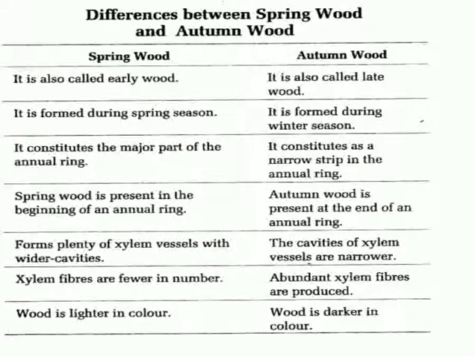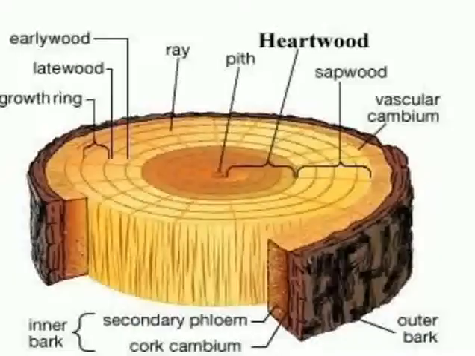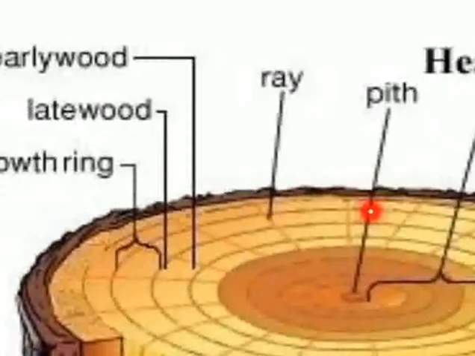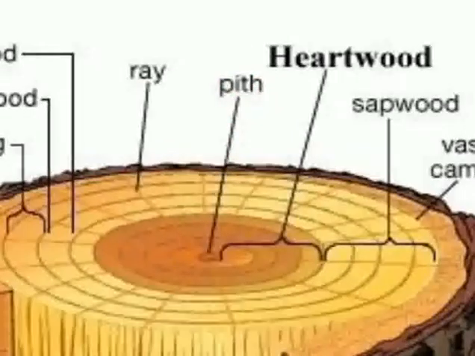The two kinds of wood appear as alternate concentric rings, as you can see in this diagram, with the sapwood. These two types, the early wood and the late wood, form alternate concentric circles because of their different color and different density, and this constitutes one annual ring or growth ring.